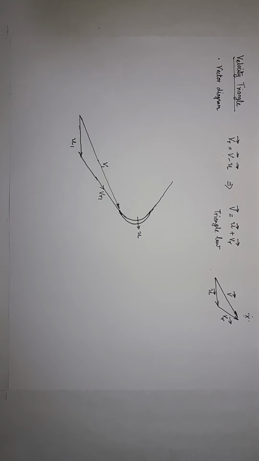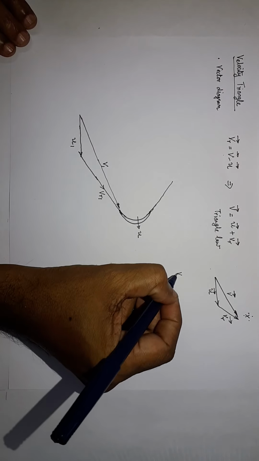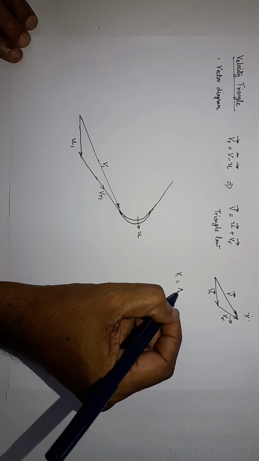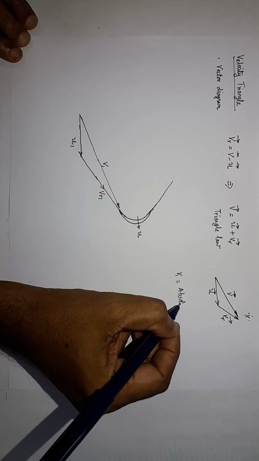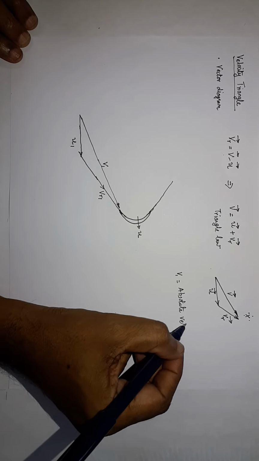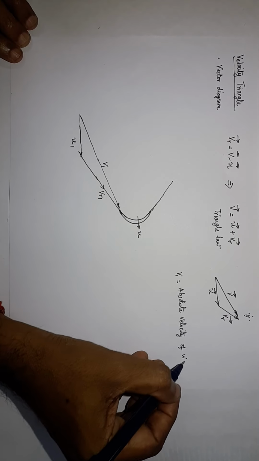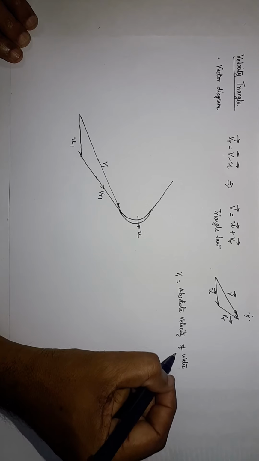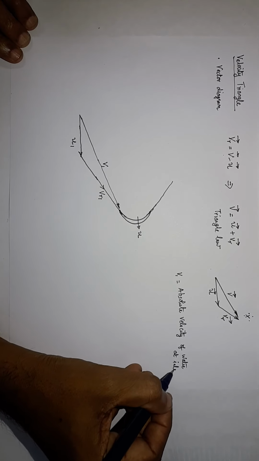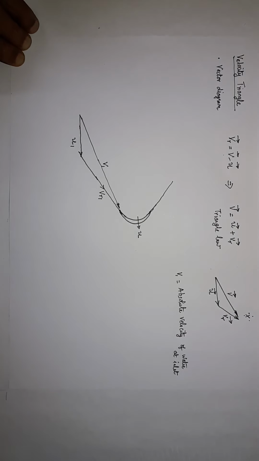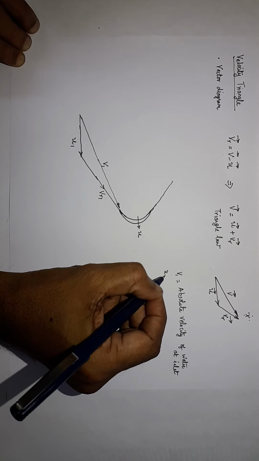Now let us try to expand this. Let me write here what is V1. It is the absolute velocity of water at inlet. What is U1?